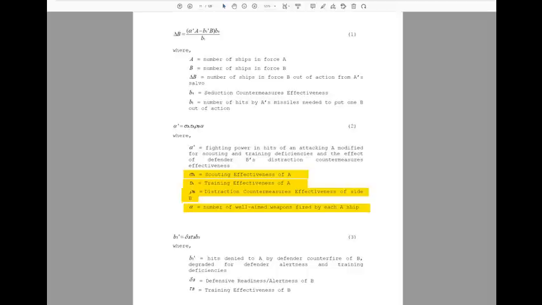And then you have tau B, training effectiveness of B. And it goes on and on and on. As you can see yourself, everything in those equations, be them ground forces with the appropriate Lanchester model, or be them the salvo model, which is appropriate for the missile exchange, everything is built around effectiveness.